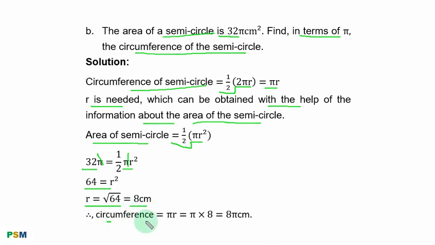Therefore, circumference of the semicircle is equal to pi r. You have to express your answer in terms of pi. That means you only replace radius with 8. You have pi times 8 equal to 8 pi centimeters.